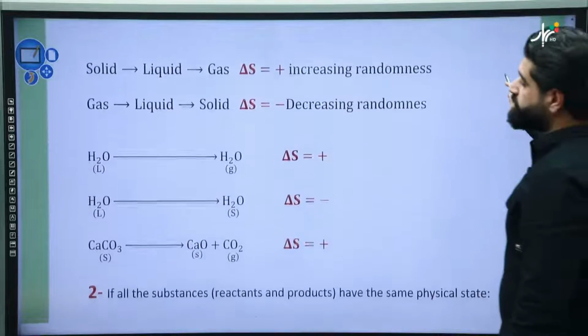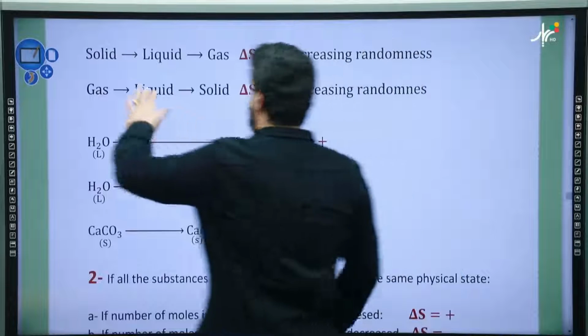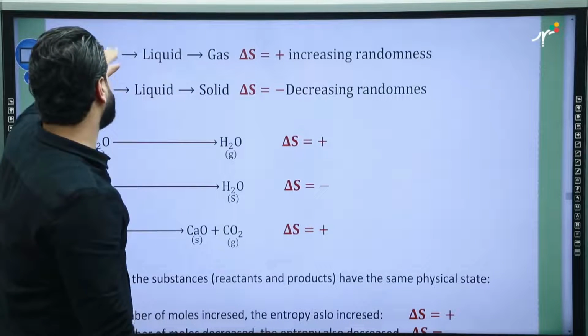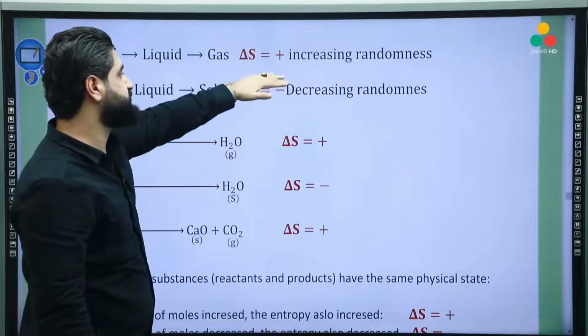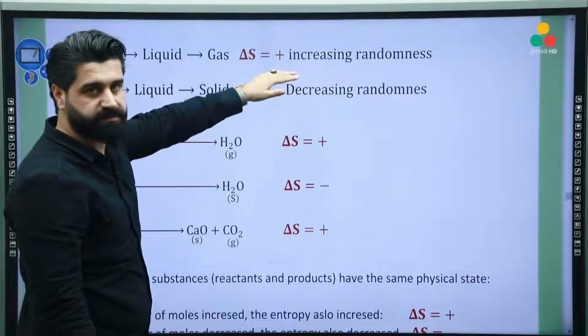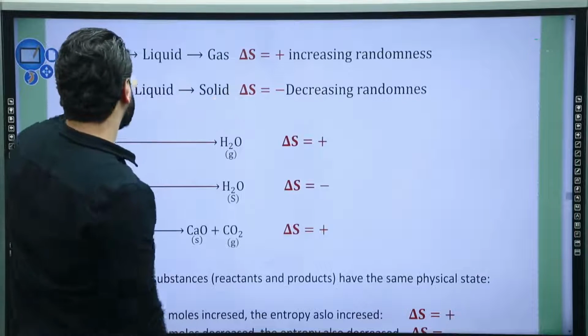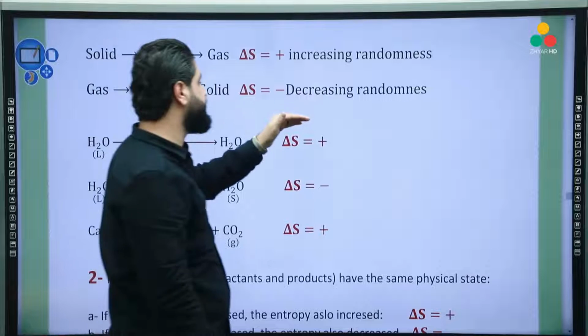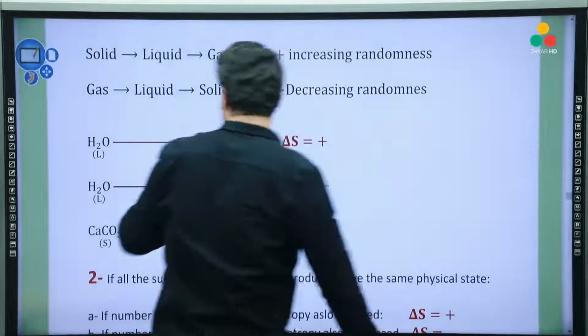Briefly, we can say solid to liquid, liquid to gas, delta S is positive, increasing randomness. Gas to liquid, liquid to solid, delta S is negative, decreasing in randomness.